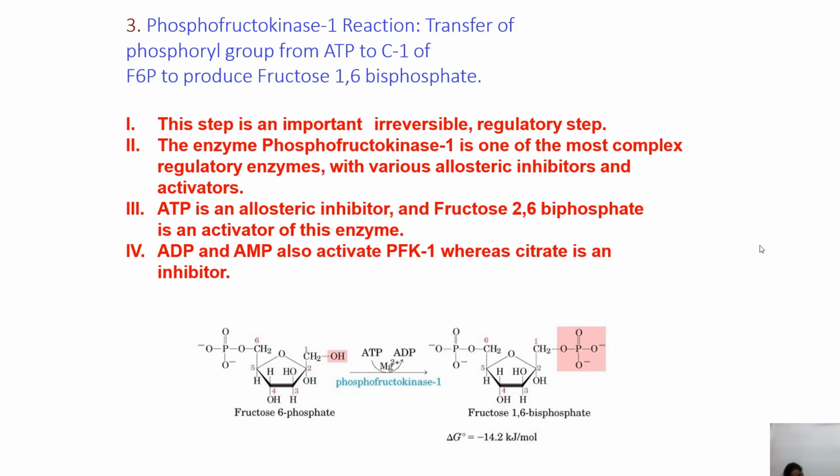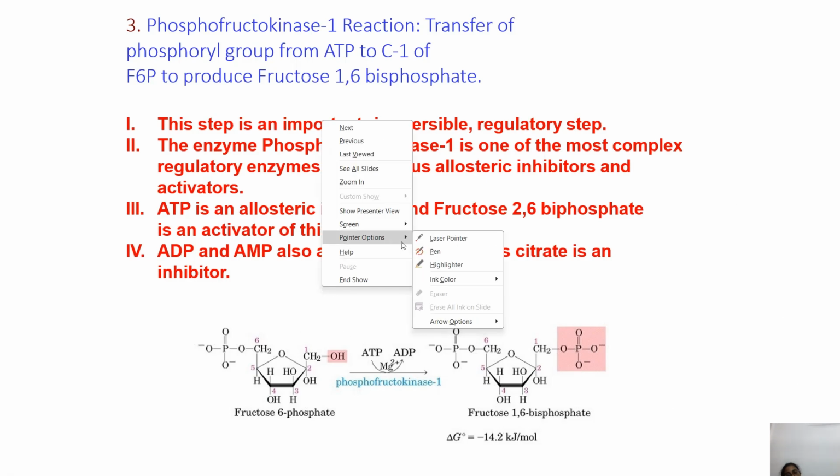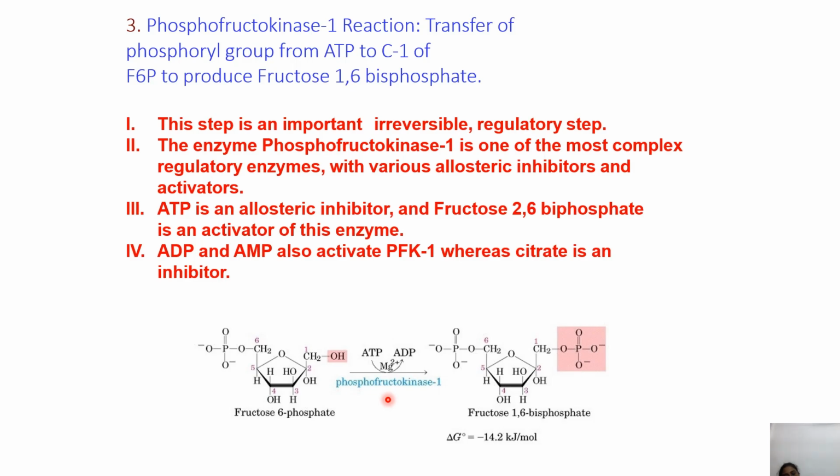So ATP is an allosteric inhibitor and fructose 2,6 bisphosphate is an activator of this enzyme. ADP and AMP, adenosine diphosphate and adenosine monophosphate, also activate phosphofructokinase 1 activity, whereas citrate is an inhibitor. This step also requires Mg2+ as a cofactor. If you can see the schematic over here.